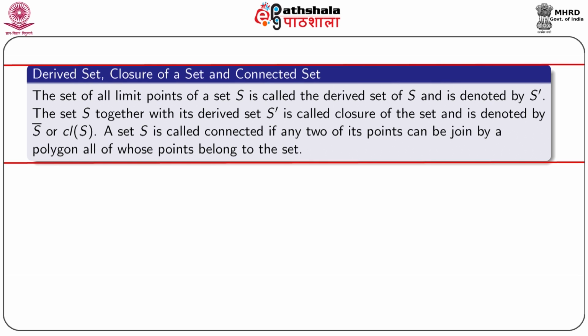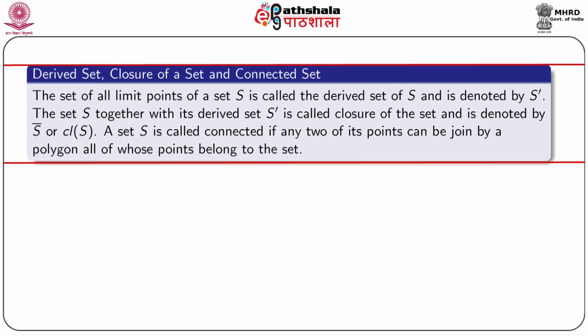So, now we define derived set, closure of a set and connected set. The set of all limit points of a set S is called the derived set of S and is denoted by S prime.